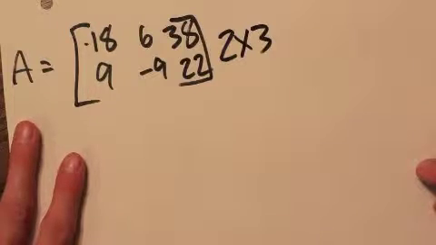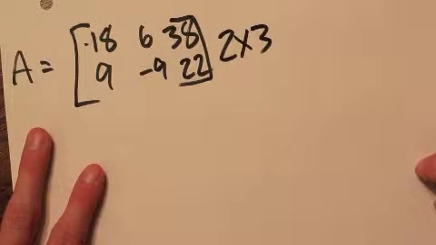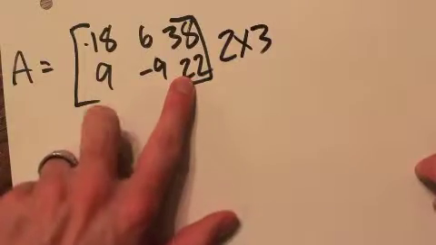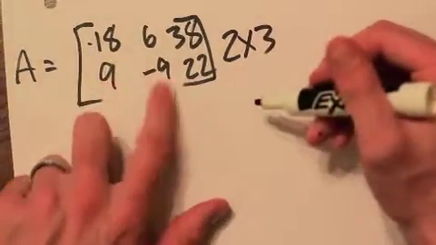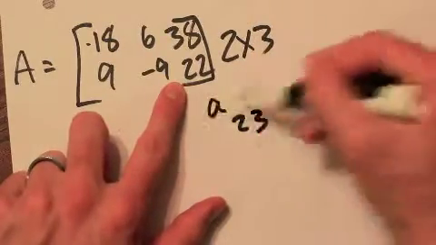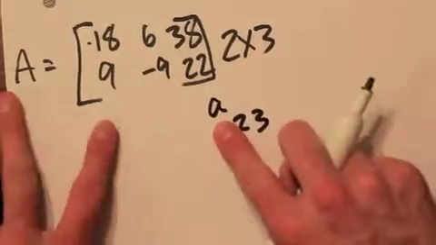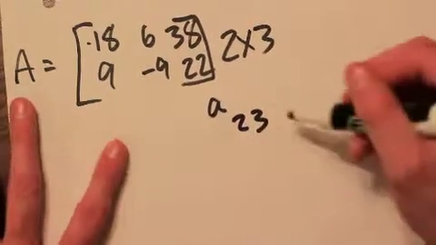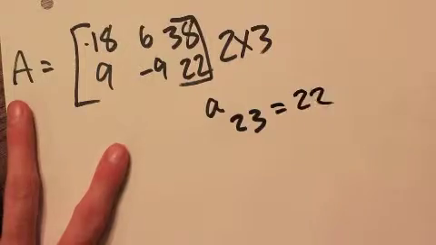and say I needed to call on, I don't know, 22. Well, this is row 2, 3rd column. So this would be A23, little a, because this is matrix A. So A23 equals 22.